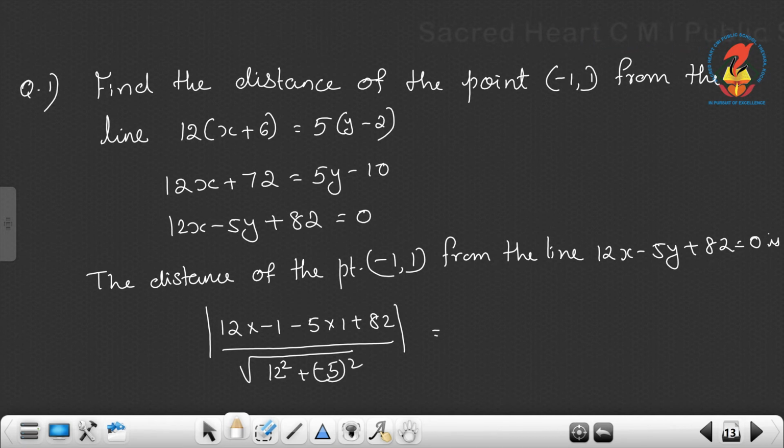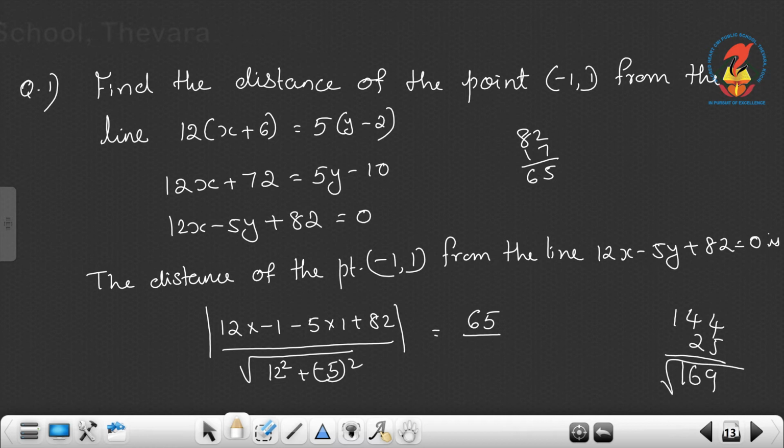Minus 12 minus 5, that is minus 17. 82 minus 17 is 65. So 65 is positive. 65 by root of 12 square plus 5 square, which is 144 plus 25, that is 169. What is the root of 169? It is 13. Then 13 into 5 is 65. So the distance is 5 units.